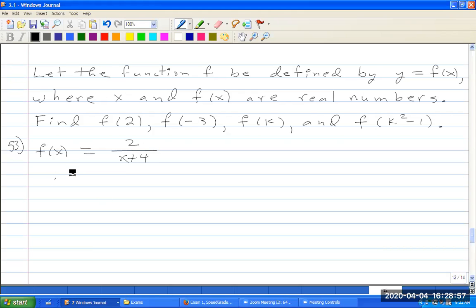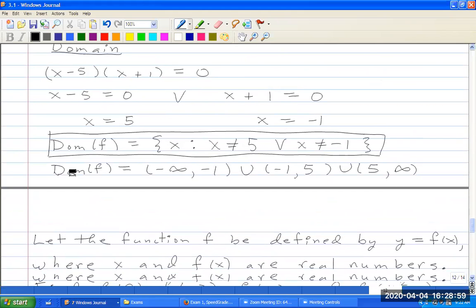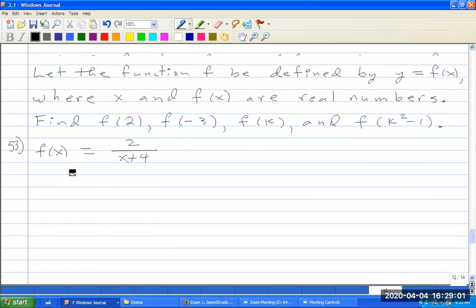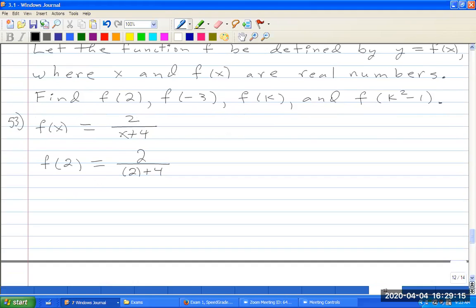So first, let's determine f at 2. Wherever I see an x in this formula, I'll replace x by 2. 2 plus 4 is 6.